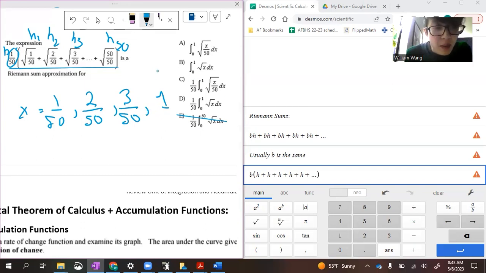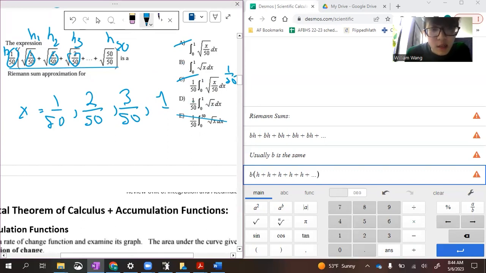So I'm directly plugging in 1 over 50. That's my entire x value. 2 over 50, 3 over 50, these are all my x values. So which one allows me to do that? Not C, because when I plug in 1 over 50, I would get 1 over 50 squared. That's not what I'm looking for. So it's not C, it's not A. It's either B or D.